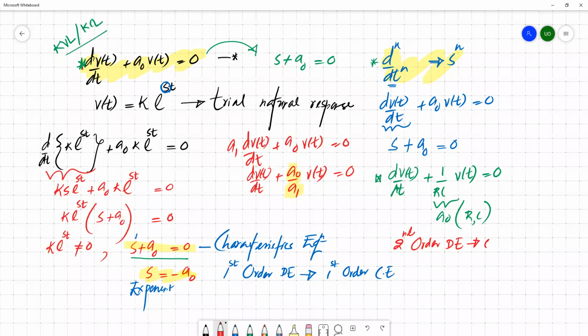So the characteristic equation would be quadratic, meaning s to the power 2 plus bs plus c equals 0. The order of this characteristic equation is 2.